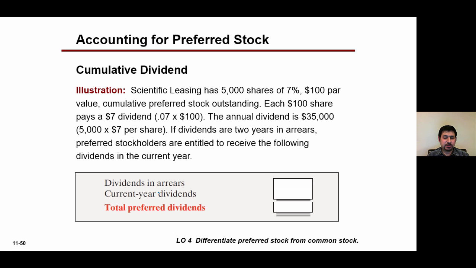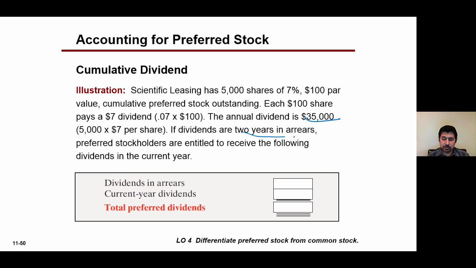Scientific Leasing has 5,000 shares of 7% $100 par value, cumulative preferred stock outstanding. Each $100 share pays a $7 dividend. The annual dividend is $35,000. If dividends are 2 years in arrears, preferred stockholders are entitled to receive the following dividends in the current year. For every year, preferred stockholders have the right to get $35,000.